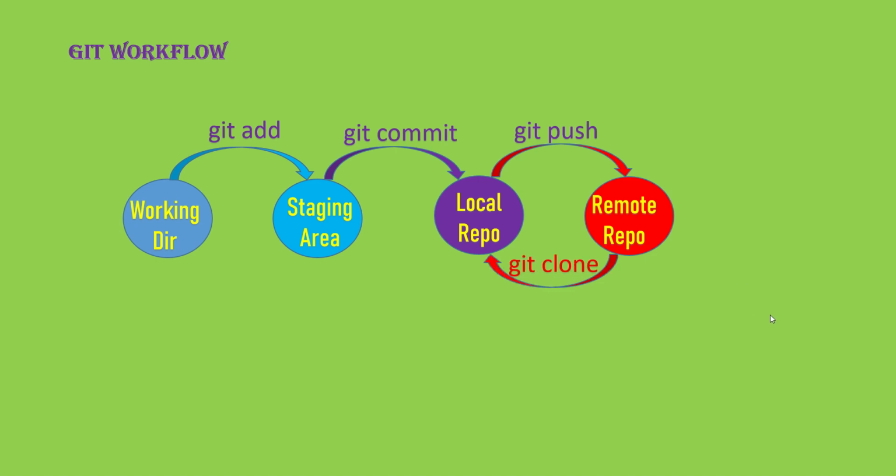Now let's say you want to take code from an existing repository on the remote. We can use git clone, so that it will take all the code from the remote repository and put it on our local system. Next we can use git checkout. On a remote like GitHub, we may have created multiple branches.